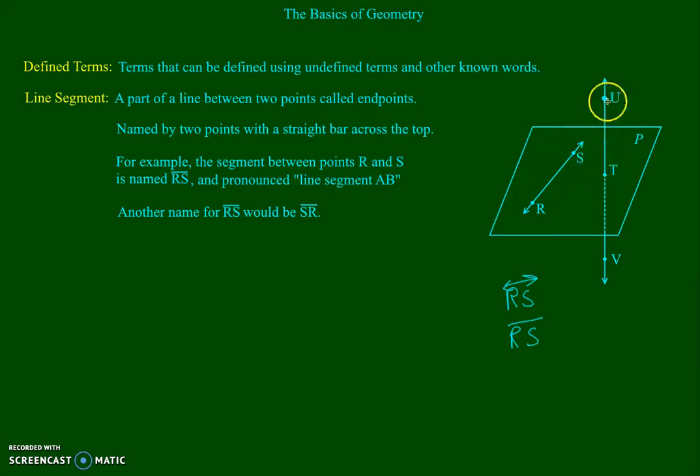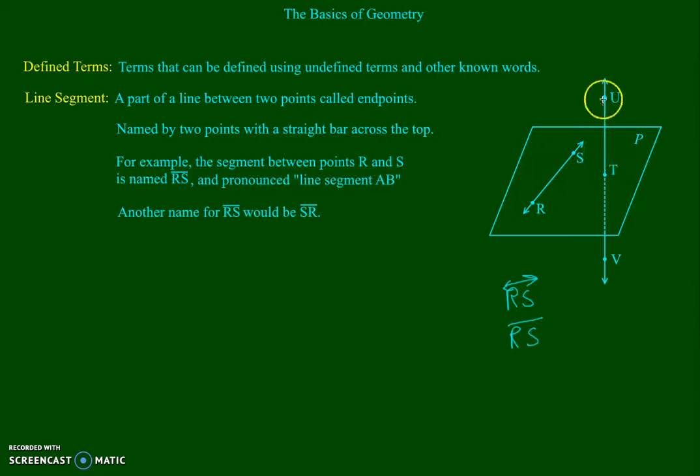Looking at one of the other lines, we have this line here. We could say that we have segment TU, segment UT, TV, and segment VT, as well as segment VU and segment UV. All those would be valid line segments.